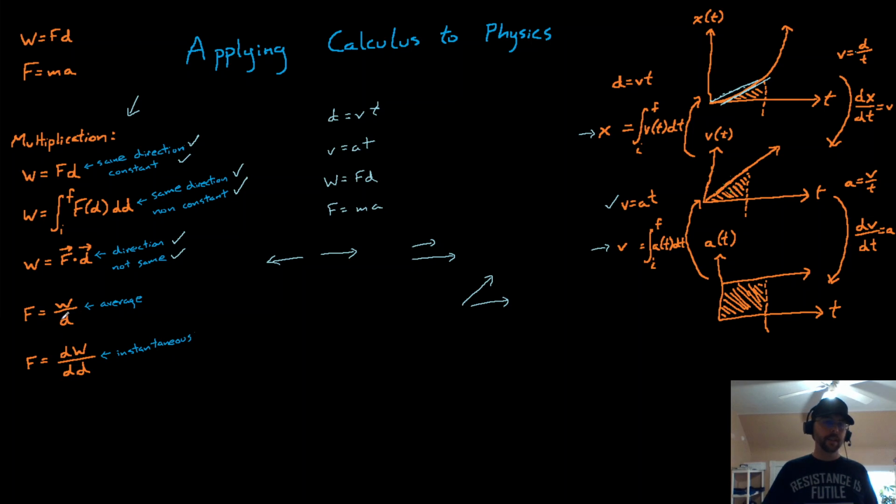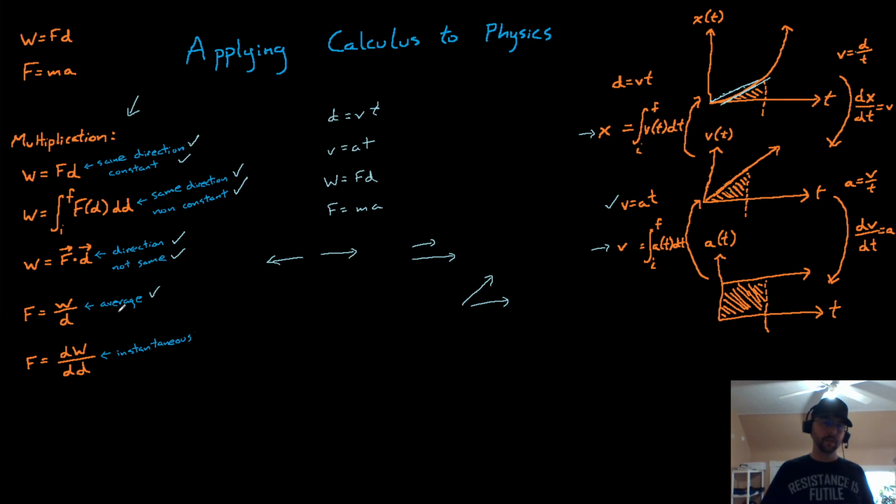Now, the next thing applies to division, which I already talked about over there. So force equals work divided by displacement. This only holds true if you're finding the average force over the duration, or if the ratio is always the same, meaning that when you graph them, you get a straight line. It doesn't have to be directly horizontal. If it's directly horizontal, actually the force would be 0, but it's at some straight line as opposed to a curved line.